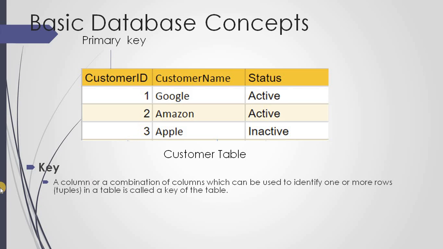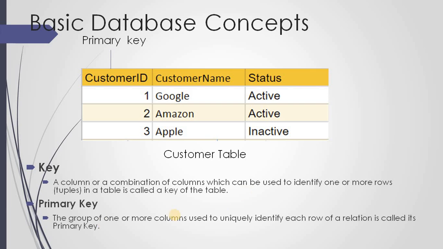Key. A column or combination of columns which can be used to identify one or more rows in a table is called a key. So here we have the basic definition of key. There are various different kinds of keys available. We are going to study primary key and foreign key. Primary key.